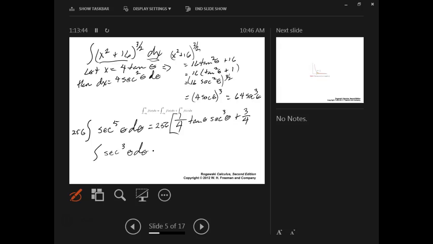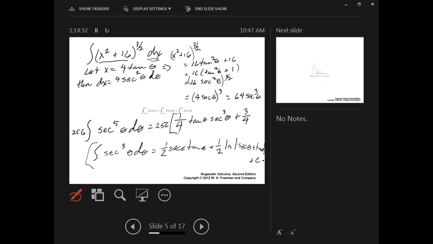The secant cubed theta taken right out of here is, and this is multiplied by 3/4, so this thing right here, I'm going to put it in brackets, is equal to 1/2 secant theta tangent theta plus 1/2 the log of the absolute value of secant theta plus tangent theta, plus c.